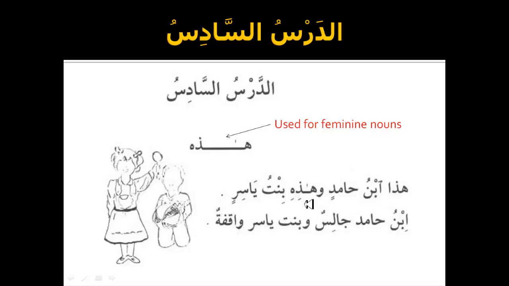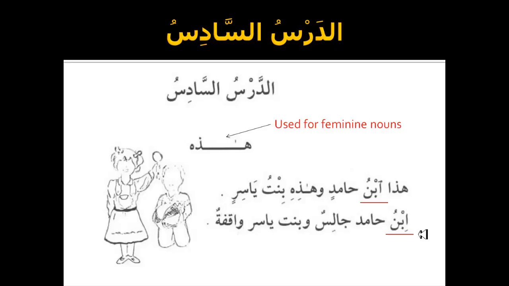So here we have hadihi bintu Yasirin, and this is Yasir's daughter, not sister. This is Hamid's son, and this is Yasir's daughter. Then the second, and I think I pointed those out as well for the hamza wasli.